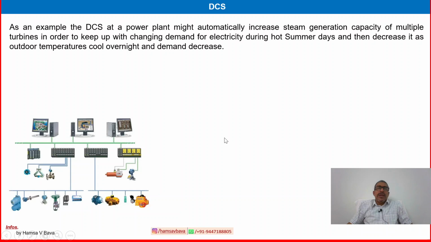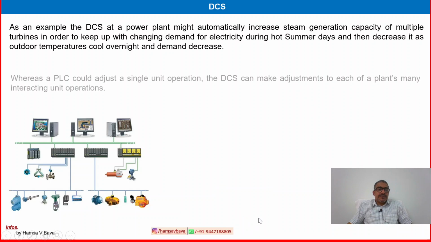So these are simple examples of how DCS is taking decisions automatically. It is not actually deciding by itself, predefined values and set points are there, and according to that the action is taking place.